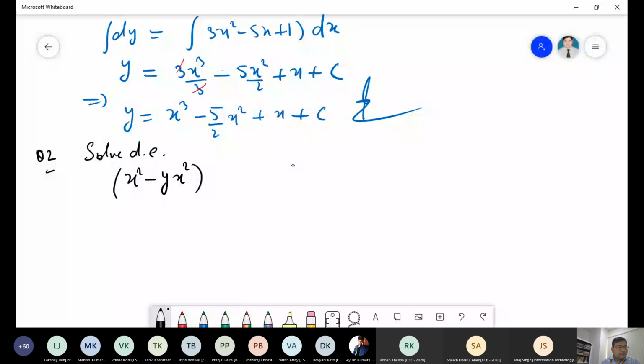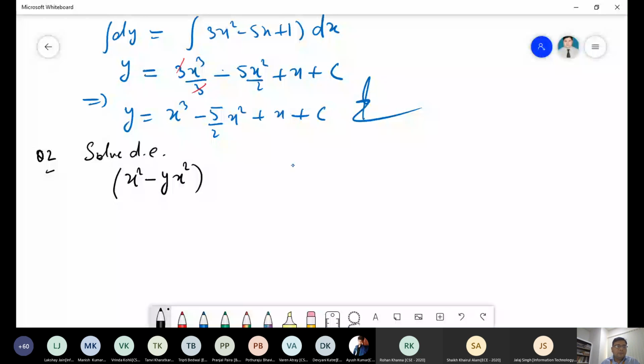x square minus y x square. You have so many questions in your textbooks: B.S. Grewal, Shanti Narayan, Ramanna, so many books. And in the last class I mentioned H.K. Das, again a good book.